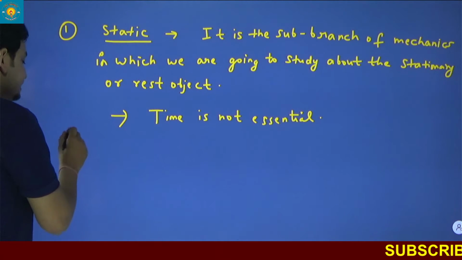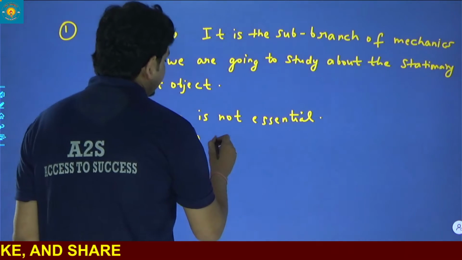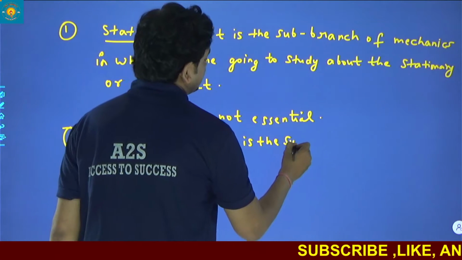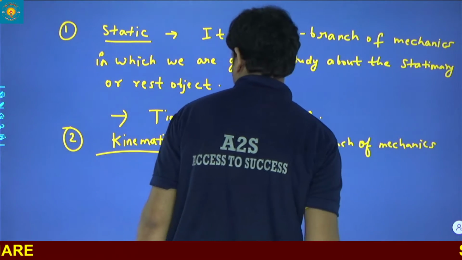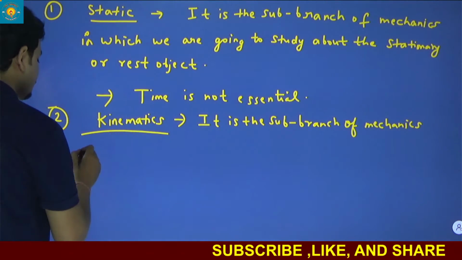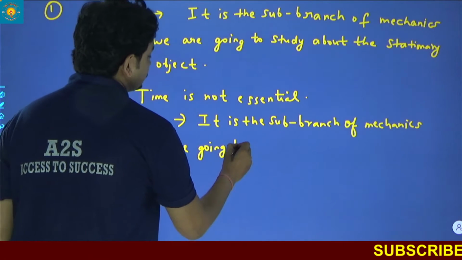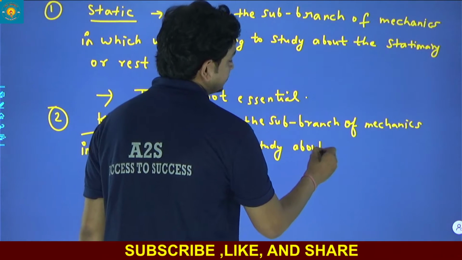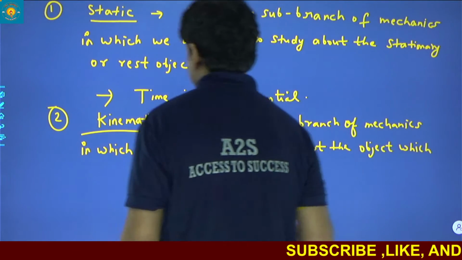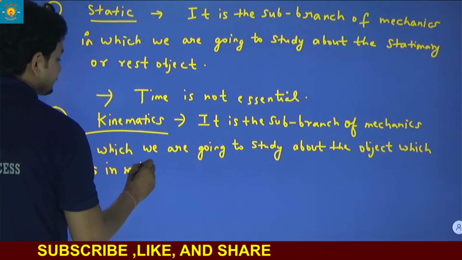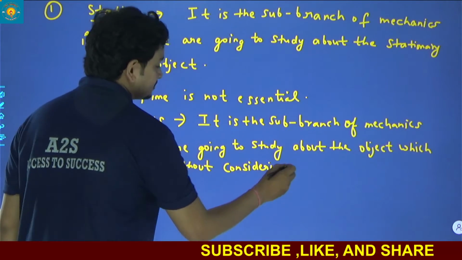Clear? Second is kinematics. It is the sub branch of mechanics in which we are going to study about the object which is in motion without considering its cause.